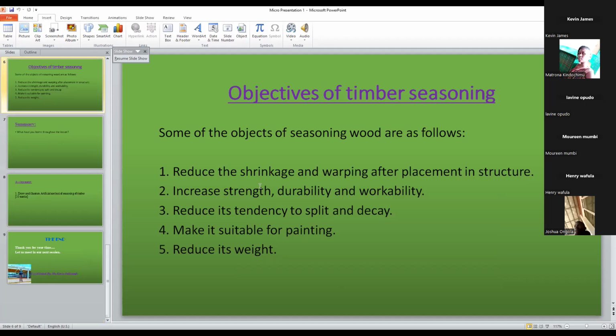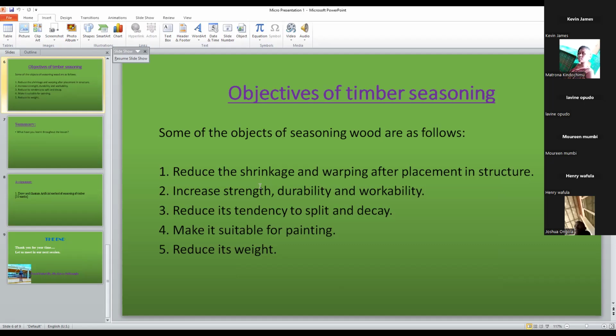Okay, number three, it reduces its tendency to split and decay. Untreated wood can split due to internal stresses and is susceptible to decay from fungal and insect attack. So it's good to season your timber. Then second last, make it suitable for painting. Treated wood provides a better surface for painting and ensures that paint adheres well and lasts longer.